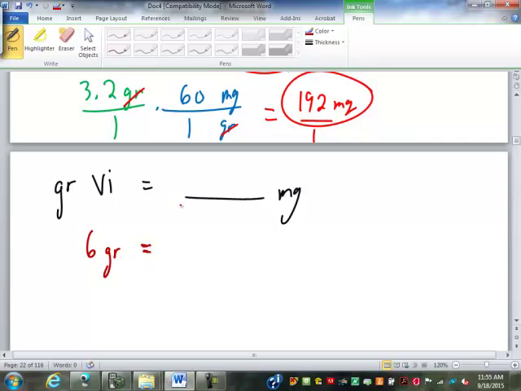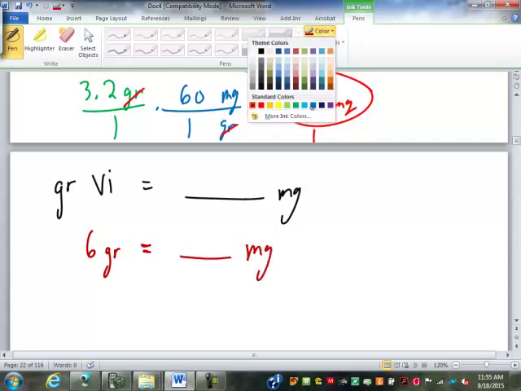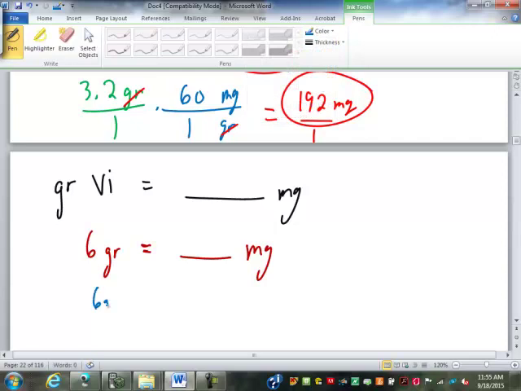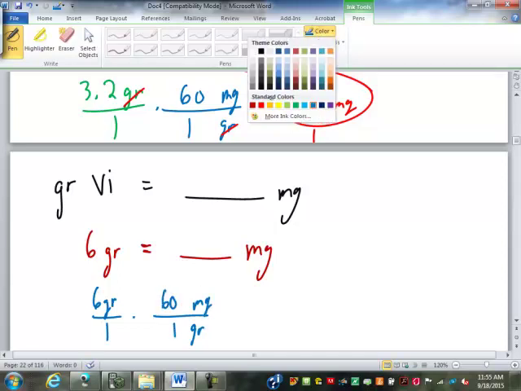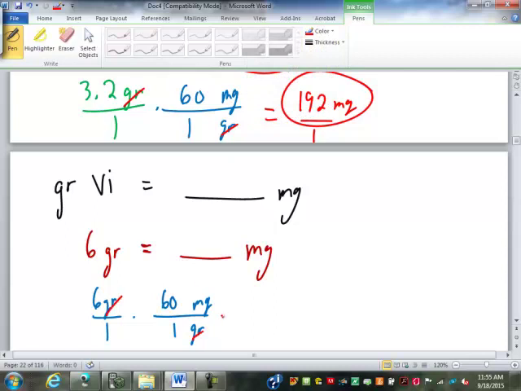When we use Roman numerals for specifying an amount of a medication, we put the unit before the number. So 6 grains going into milligrams. I do the same conversion. 6 grains over 1. Grains on bottom, milligrams on top. 1 grain is 60 milligrams. Cross cancel the grains. 6 times 60 is 360 milligrams.